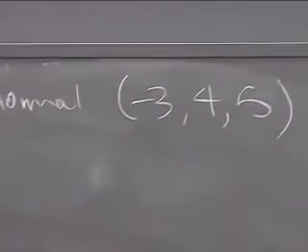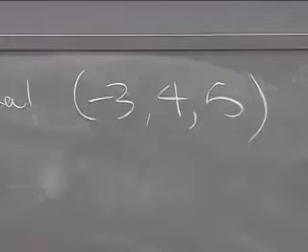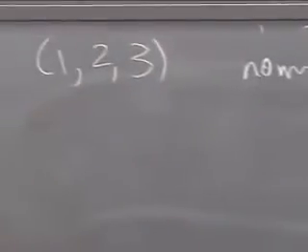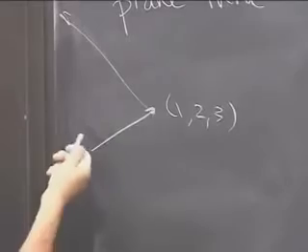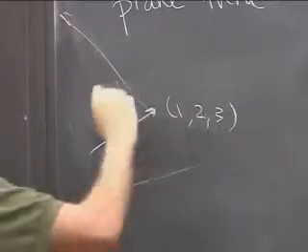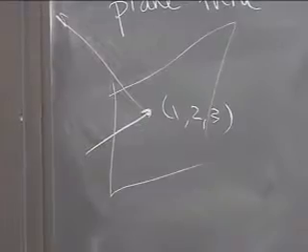Those are the two vectors from earlier. So this is a plane that goes through the point 1, 2, 3 and has a normal pointing off in that direction, -3, 4, 5. So the plane's going to look something like this. Not a great picture, but you get the idea.